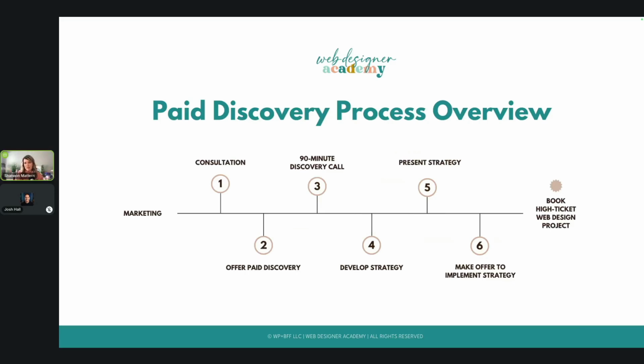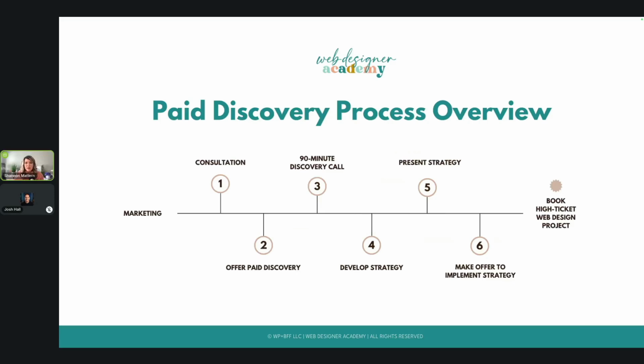But we give you some guidelines on what that could look like, describing their target audience to them, weaving in their goals. We go through all of that with you if you use our strategy, but you get to weave in your own unique pieces and then you present the strategy to them. So you have a second call where you present the strategy. That call is for strategy only.